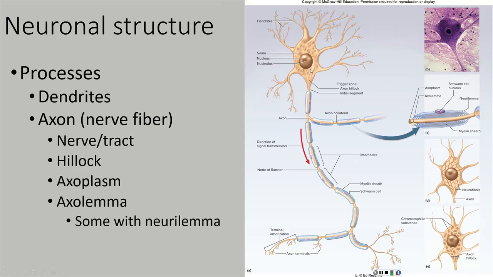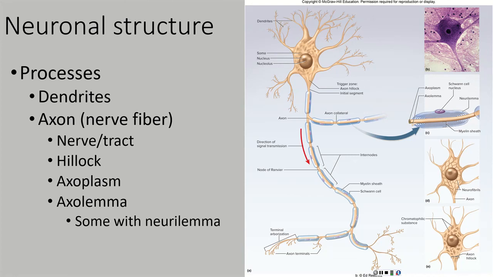We will see some organelles traveling down the length of the axon along that cytoskeleton, but in general, the axon does not have very many organelles inside of it. The plasma membrane of an axon is called the axolemma. The axolemma is just the plasma membrane of the axon.